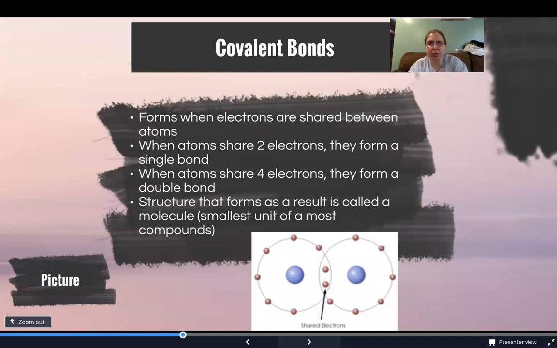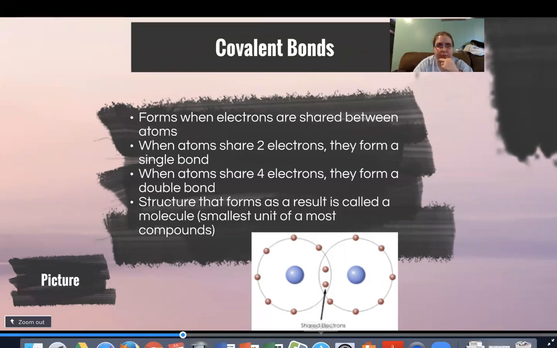A covalent bond is when electrons are shared instead of being lost. We saw before in an ionic bond, the electron physically left one atom and attached itself to another. But in this case, we use at least one electron from each atom, and they're put in a common area between them so that both atoms have use of it.